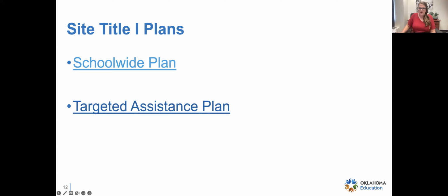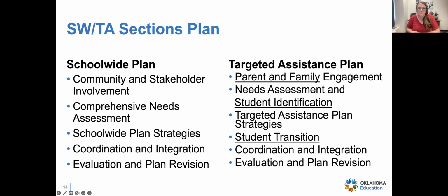Awesome. Okay. So just to overview the different areas of the plan, this is the school-wide plan sections and the targeted assistance sections aligned, and they're very similar with a few strategic extra things in the targeted assistance plan.